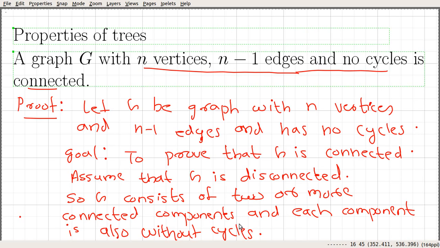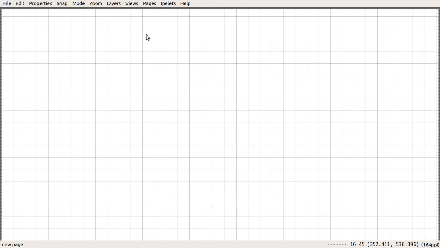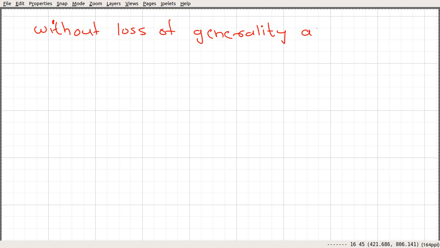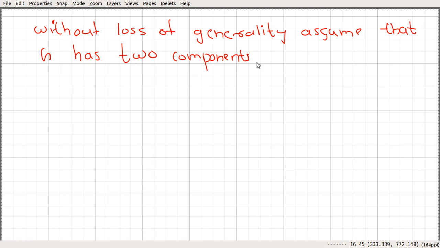So without loss of generality, let's assume that G has only two connected components, and let them be, say, G1 and G2.